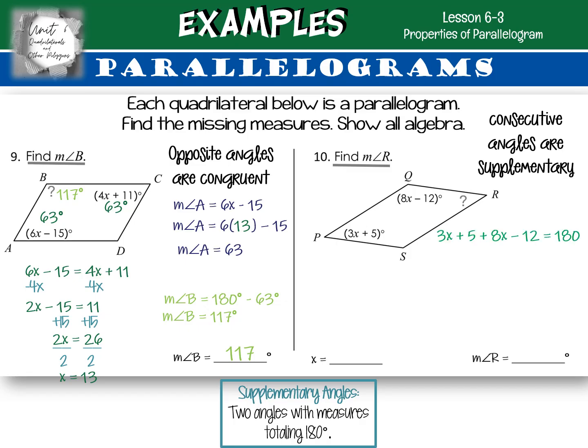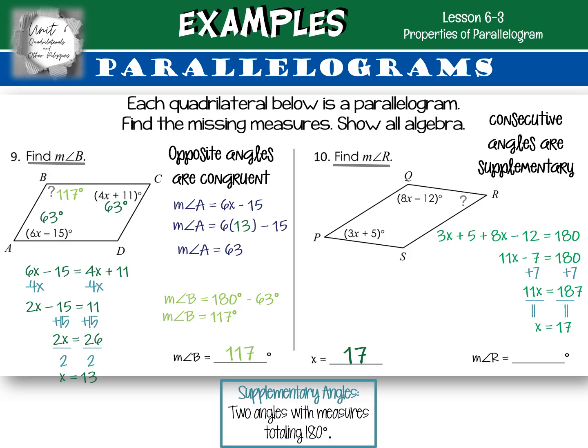All right, so add those two expressions together. 3x plus 5 plus 8x minus 12 equals 180. Combine like terms. 11x minus 7 equals 180. Add 7 to both sides. 11x equals 187. When you divide by 11, x is 17.